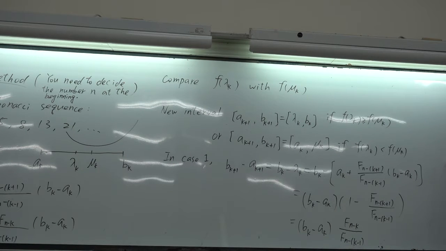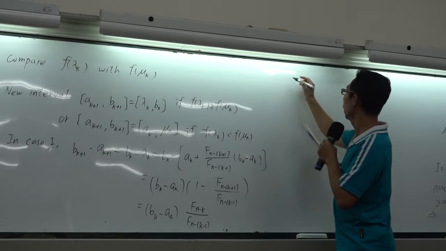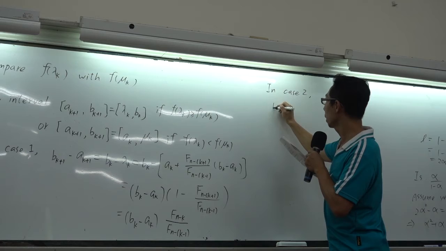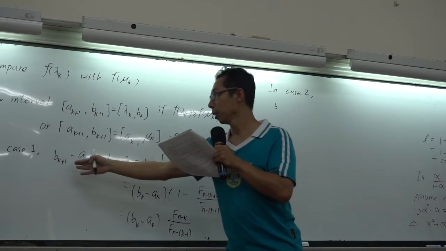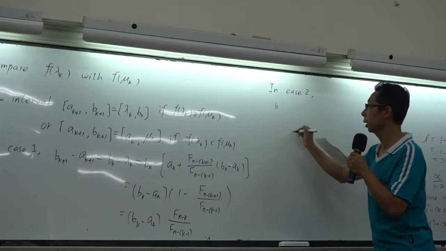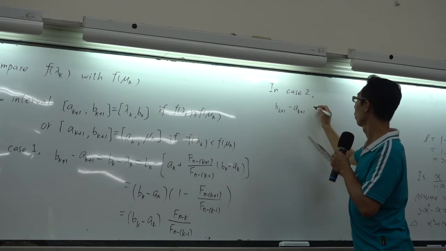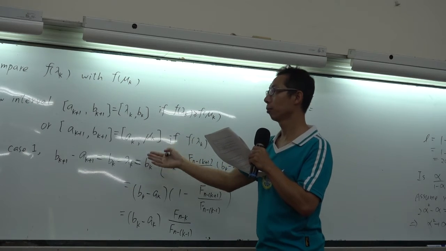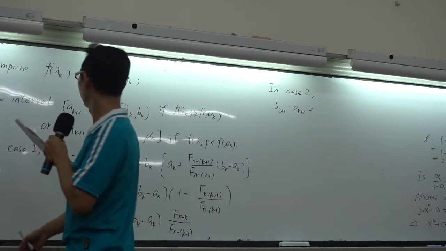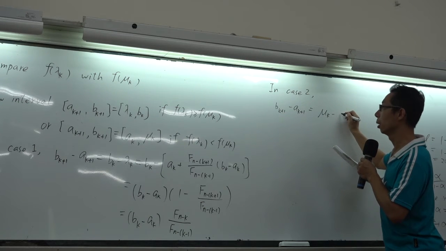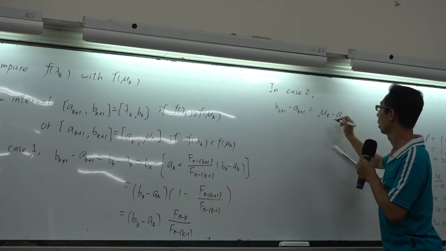And how about in case 2? In case 2, what do we have? Let's again calculate b k plus 1 minus a k plus 1. It is mu k minus a k.